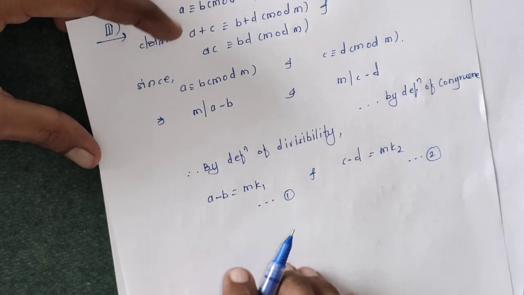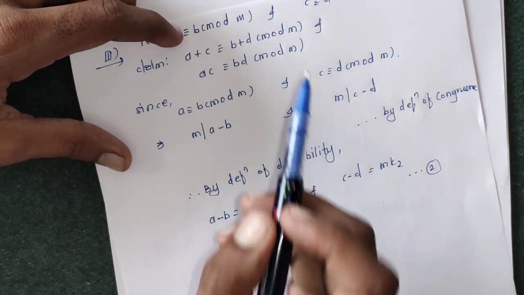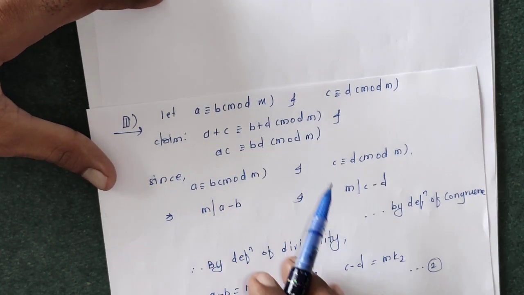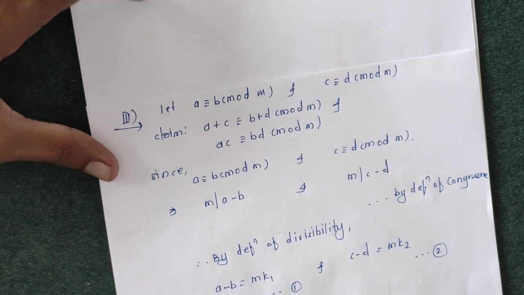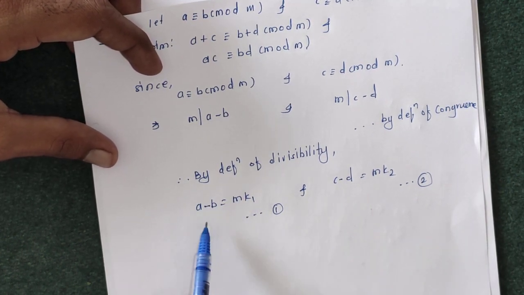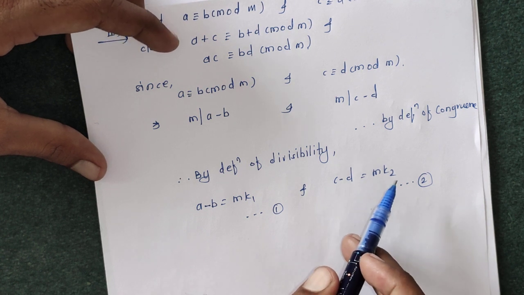We have to prove that A plus C is congruent to B plus D mod m and AC is congruent to BD mod m. First of all, we are going to prove A plus C is congruent to B plus D mod m. Now we have these two equations, A minus B is equal to m k1 and C minus D is equal to m k2.